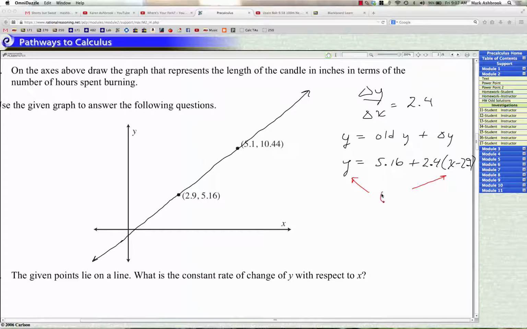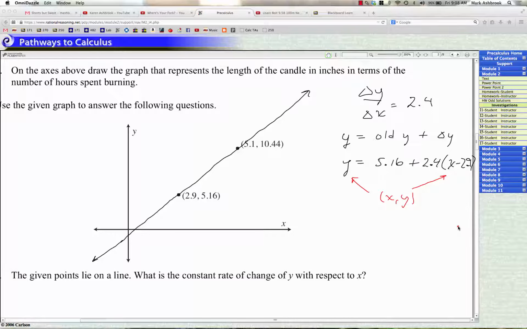Which point is that? What point is (x, y)? Yeah, it's the length of the candle before it started to burn.